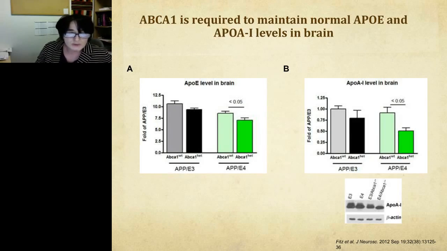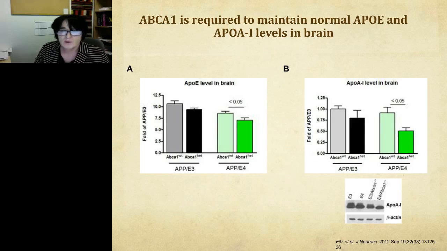So the first question we asked was how the protein level of APOE and APOA-I in the brain is affected by the deficiency of ABCA1. Here is shown a graph representing the APOE protein level in the brain in E3 and E4 mice. You can see that the deficiency of 1 copy of ABCA1 decreases APOE level in E3 and in E4 mice, but the effect is much more pronounced and statistically significant in E4 mice.